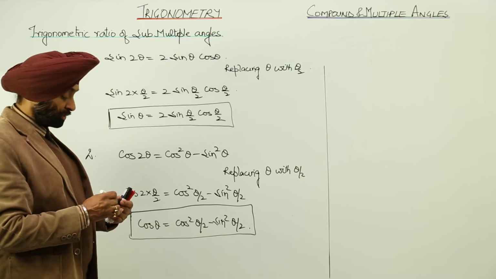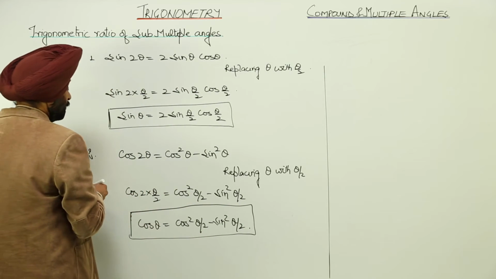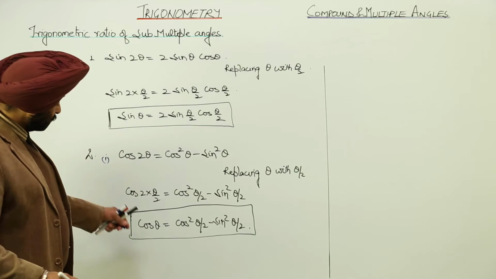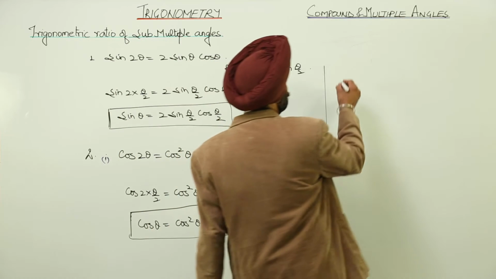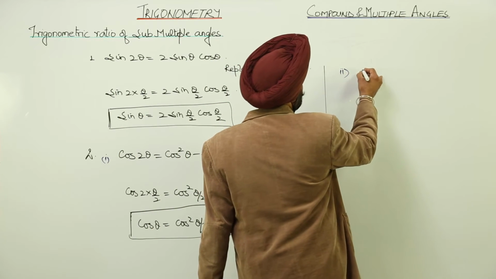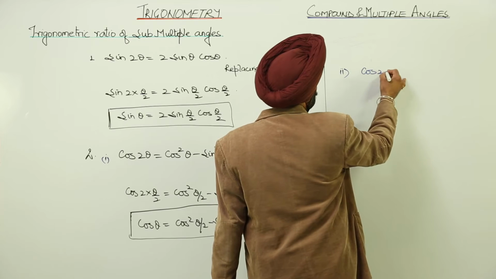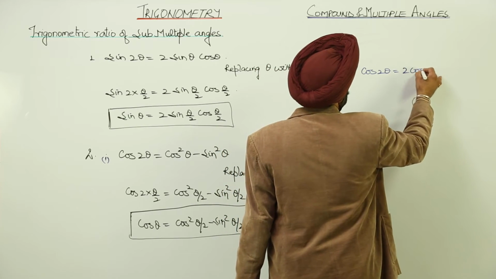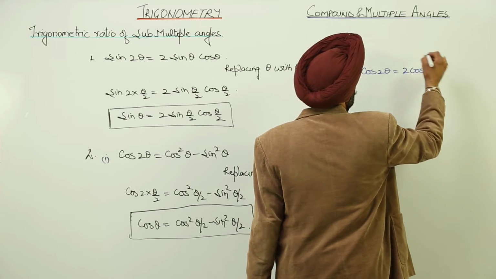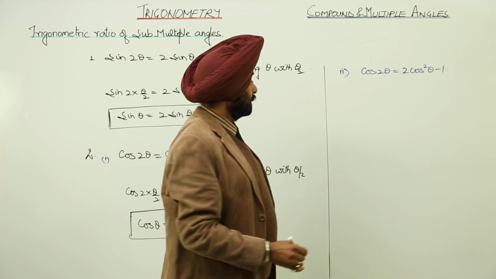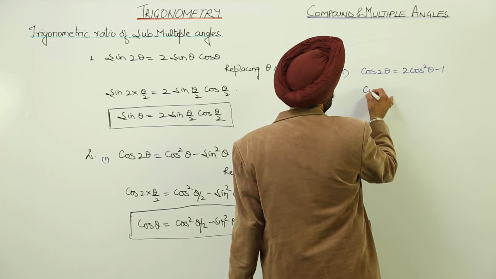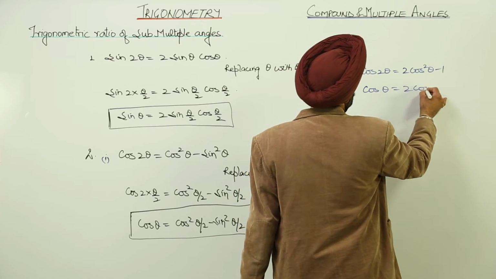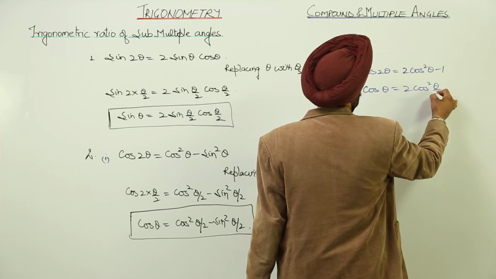Second important concept for cos 2 theta. Now for cos 2 theta, we were having 3 different types of formulas. So number 1 we have done. Now number 2, it was cos 2 theta is equal to 2 cos square theta minus 1. So now this becomes cos theta is equal to 2 cos square theta by 2 minus 1.